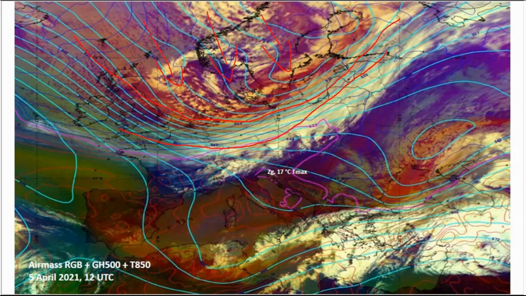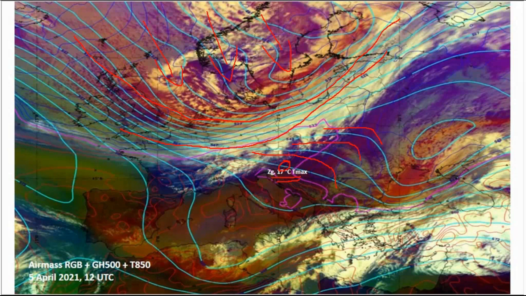This day in Croatia, we were still under the influence of this rather weak ridge, which secured rather nice weather with temperatures at 850 hPa around 1 or 2 degrees centigrade, which then resulted in 17 degrees maximum temperature in Zagreb.